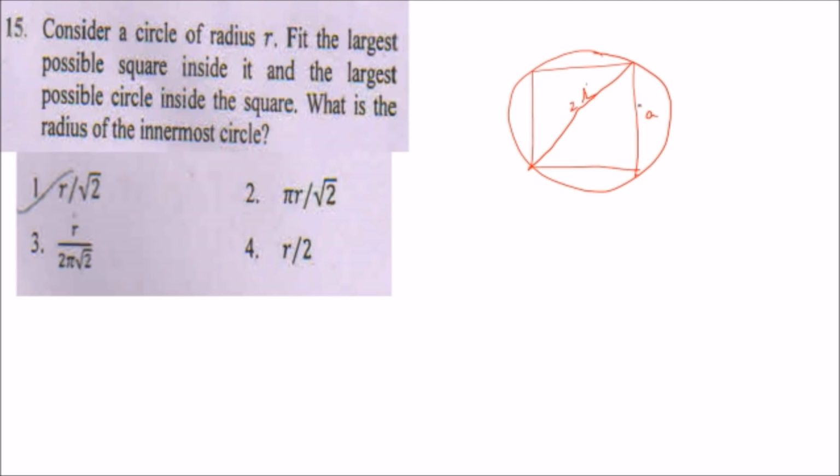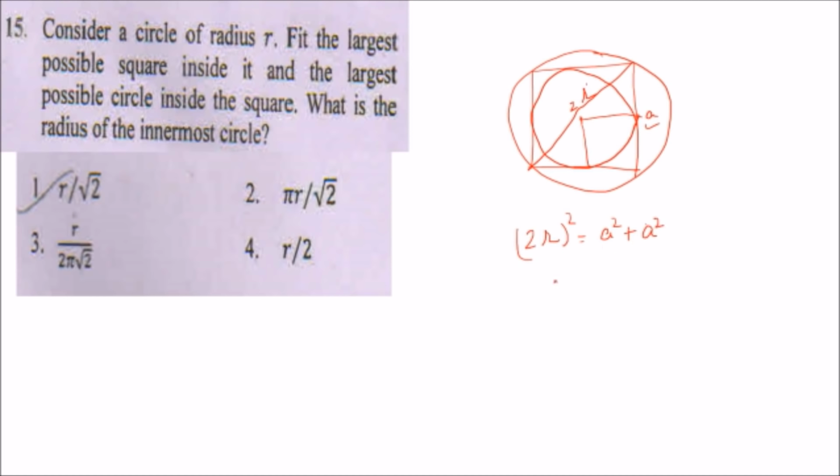Now again we have to draw a circle touching all the sides of the square, and then find the radius of this circle, which will be half of the side of the square. So first let's calculate the value of a, the side of the square. Again we apply the formula, hypotenuse square equals base square, which is a square, plus perpendicular square, which is again a square.